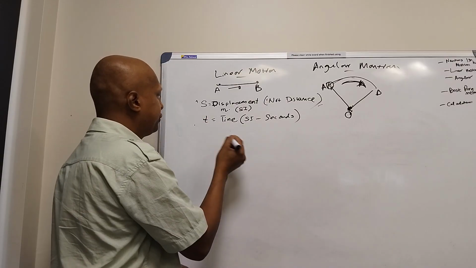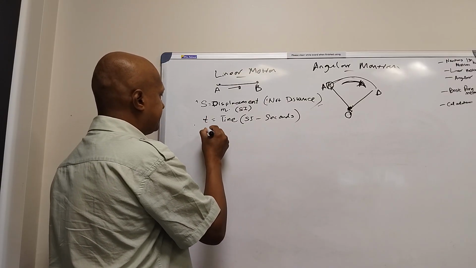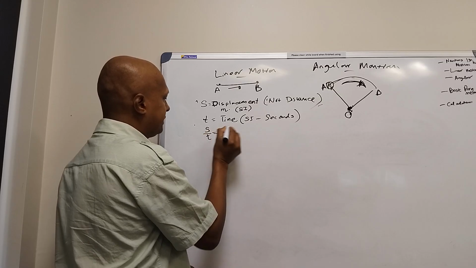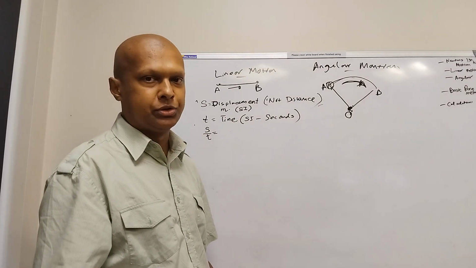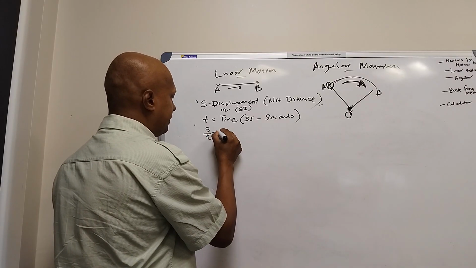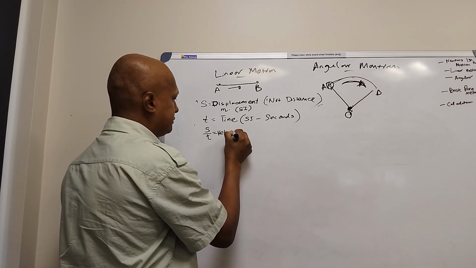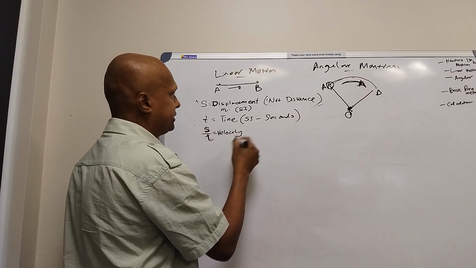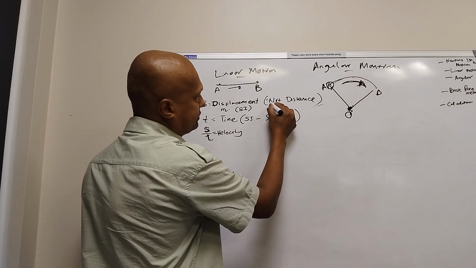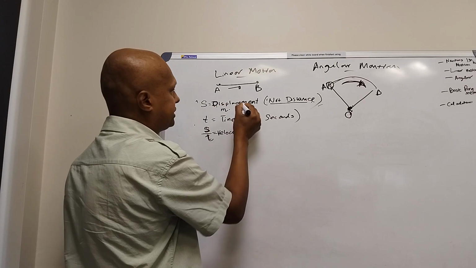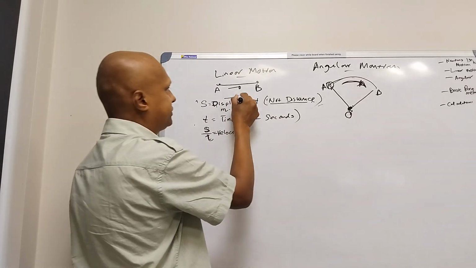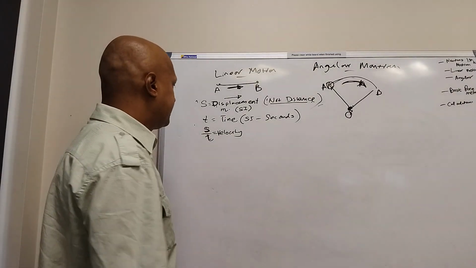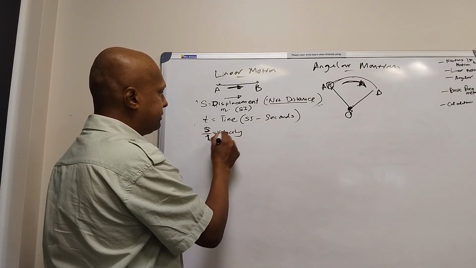If you divide S by T, then we get another parameter called velocity. So displacement divided by T is velocity. This is not the distance, this is displacement. Displacement has a direction, so as I said, it moves in a direction. So S divided by T becomes velocity.